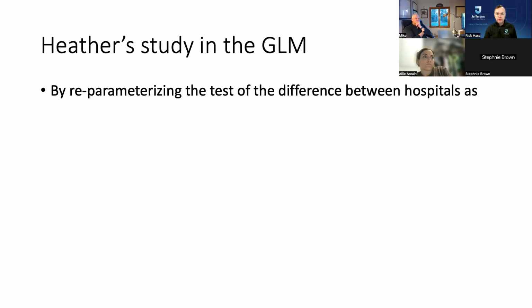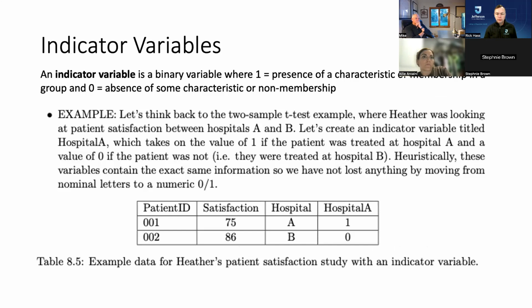So it's quite common, if we were doing a very simple randomized control trial, to have the reference group be whatever the control group was, placebo, whatever. And then the indicator group is the treatment group, and thus beta 1 tells us how much better or worse the treatment group does relative to control. Thus we call it a treatment contrast. The indicator variable terminology is more general. Again, we're free to choose it.